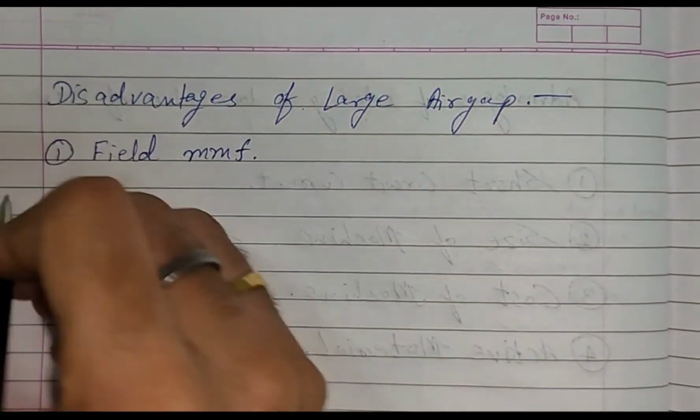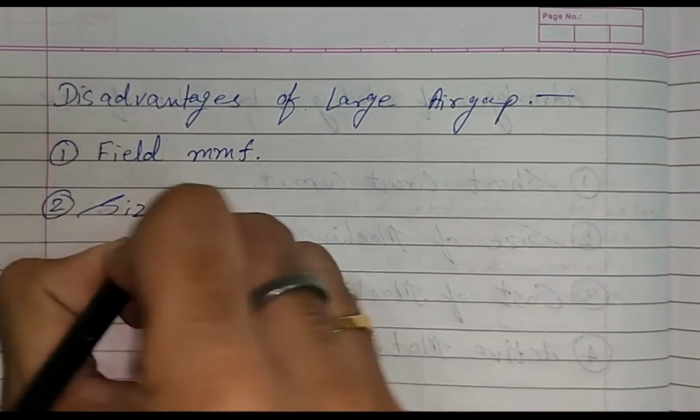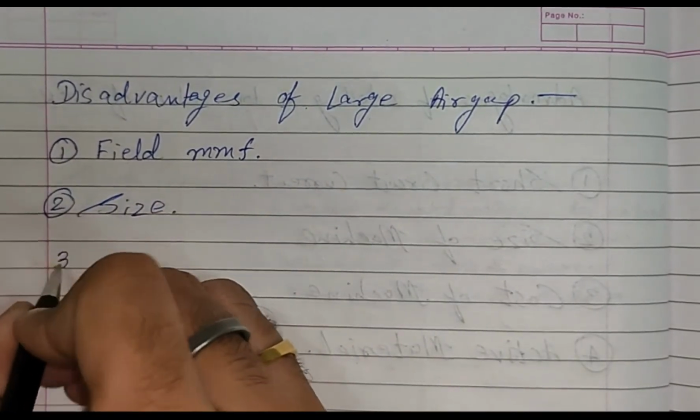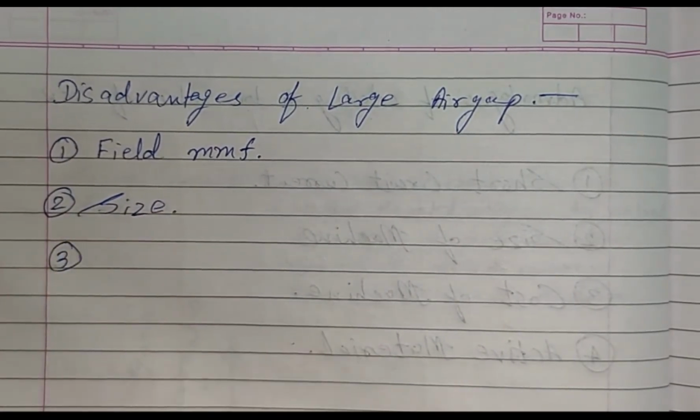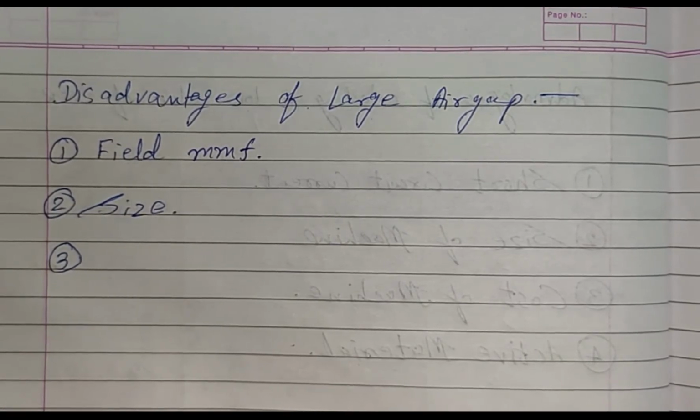The second point would be the size of the machine. So naturally, if you increase the air gap length, the size of the machine would increase in diameter as well as in volume.